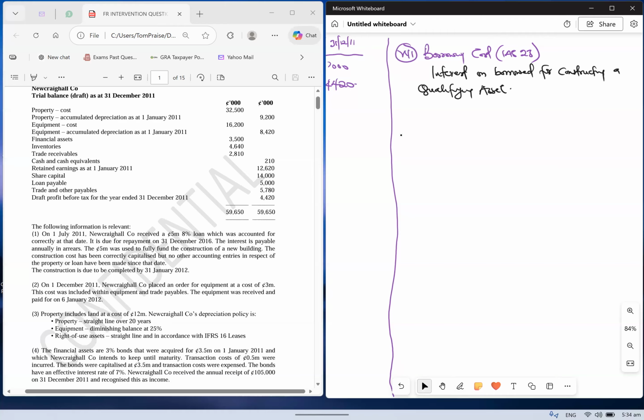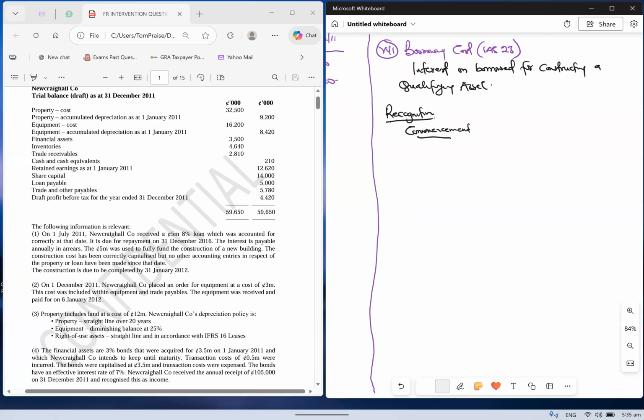Now, you know that the recognition criteria begins with commencement. When do you start capitalizing borrowing costs? There are three conditions that must be met. Do you remember those conditions?